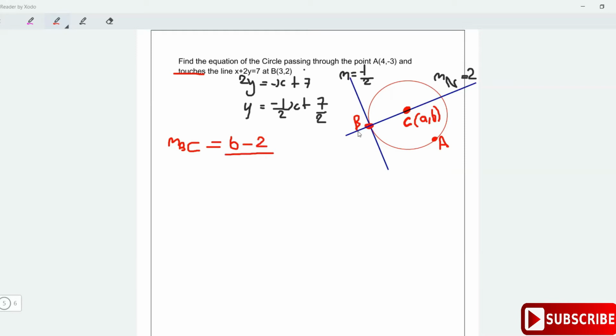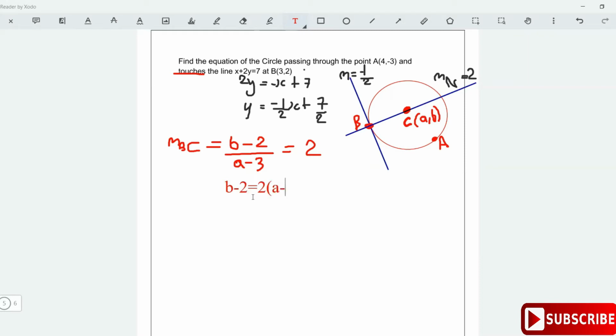x2 minus x1, which is a minus 3, and that is equal to 2. If I cross multiply, I end up with b minus 2 is equal to 2 times (a minus 3).